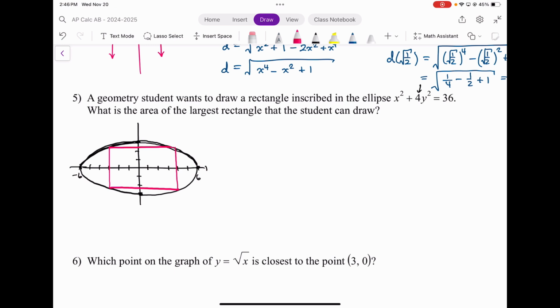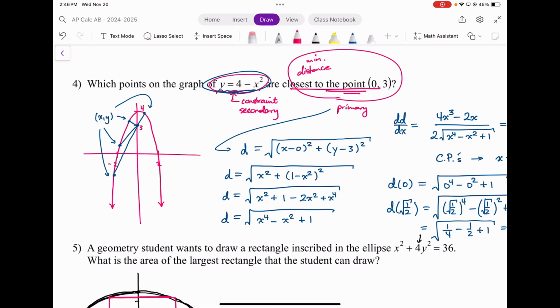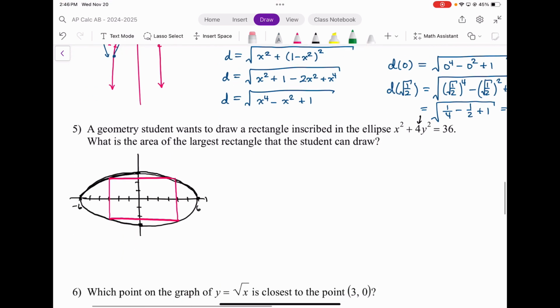Okay, so you want to do a similar trick here that we did with this parabola. You notice we used a generalized point to represent all points on the parabola. We want to do something similar here, namely at one of the corners of this rectangle. So I'm going to call this x comma y.